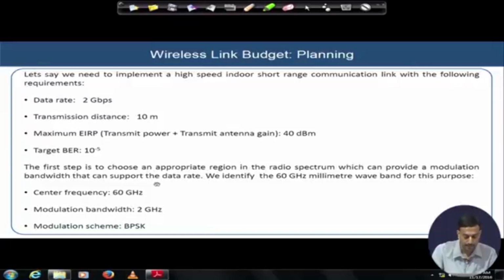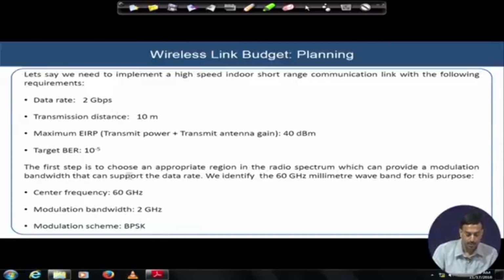Let us take, as I said, the millimeter wave spectrum with center frequency of 60 gigahertz, and it offers a modulation bandwidth around this center frequency of about 2 gigahertz. The modulation scheme, we will keep it simple and choose BPSK, because in any case we have a modulation bandwidth of 2 gigahertz, and it's expected that BPSK will support a data rate of 2 Gbps.